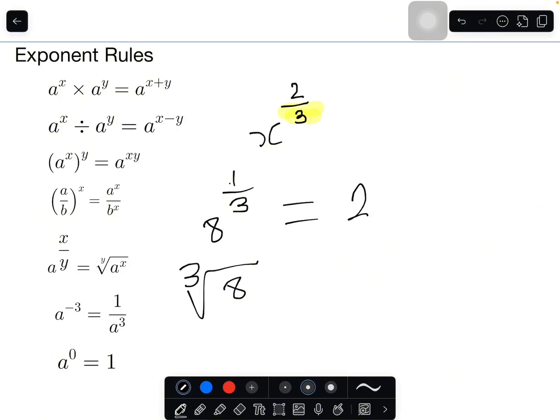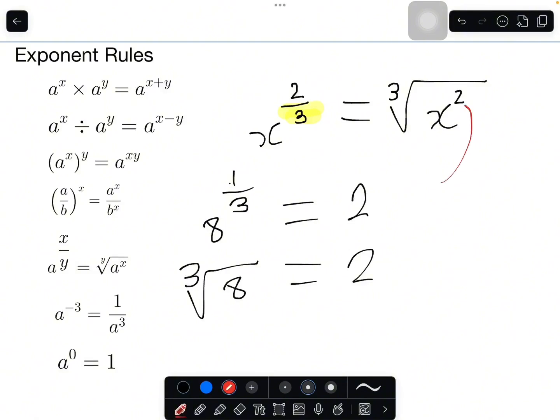So when you have a fraction as your exponent, what you're actually doing is you're applying the root. So for this question here, it'll then become like this. Your numerator becomes your numerator, and this is your denominator.